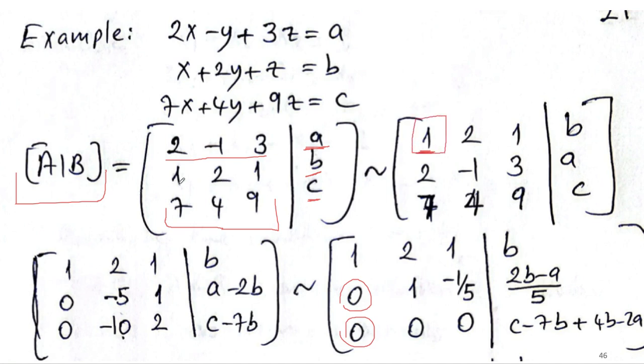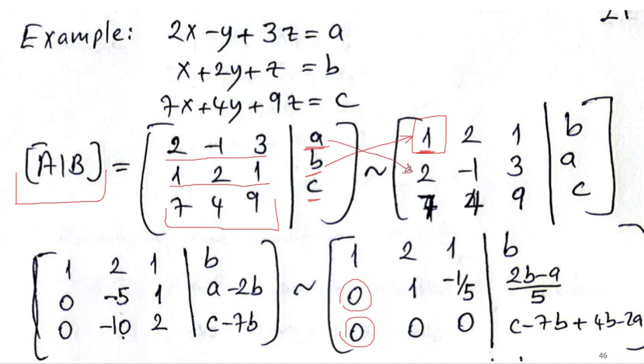For example, the second row starts with 1, so we can immediately swap. We can interchange the order of the rows; that's also allowed. We plug in the second row as the first row, and write the first row as the second row.